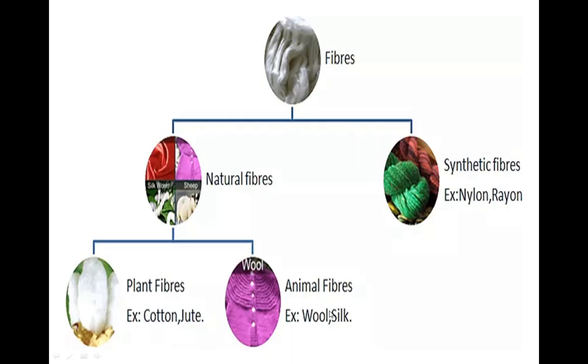In this lesson, we are not going to learn about the natural fibers because we have already learned in our previous class. In this video, we are going to learn only about synthetic fibers. Some examples are nylon and rayon.